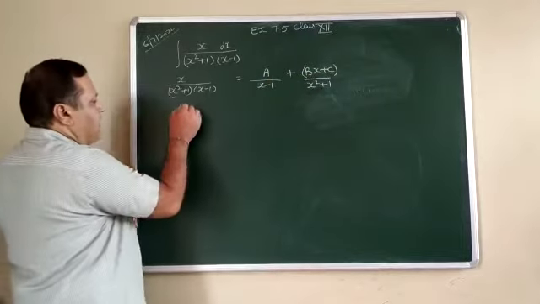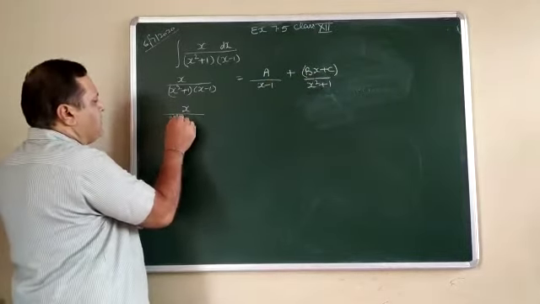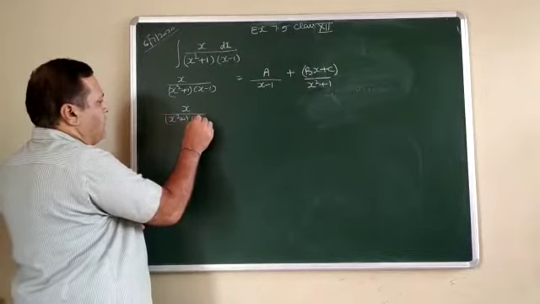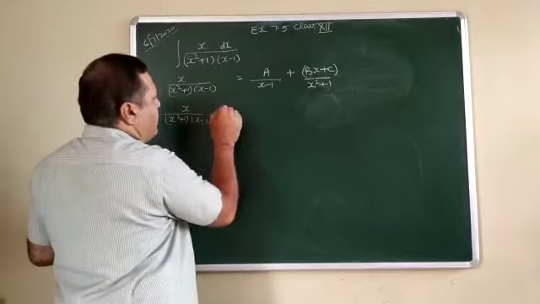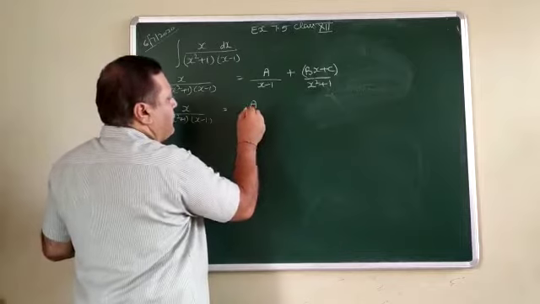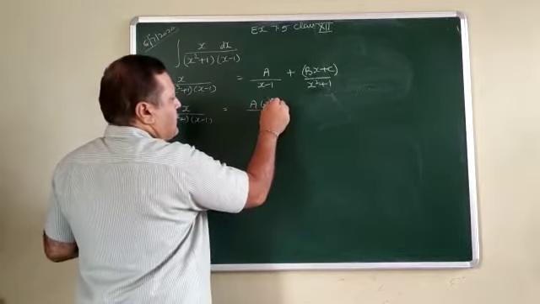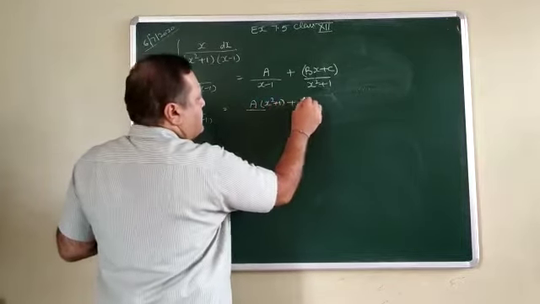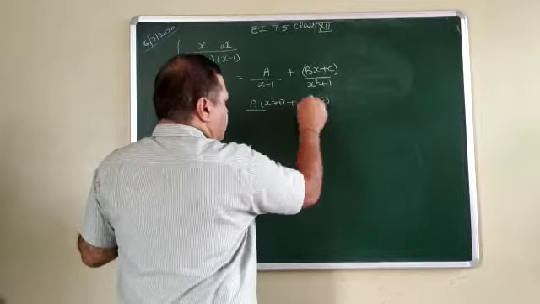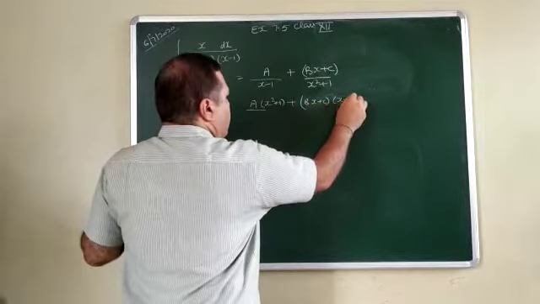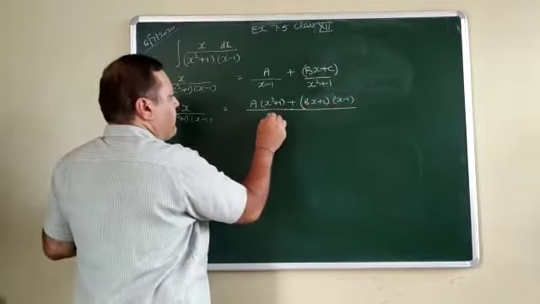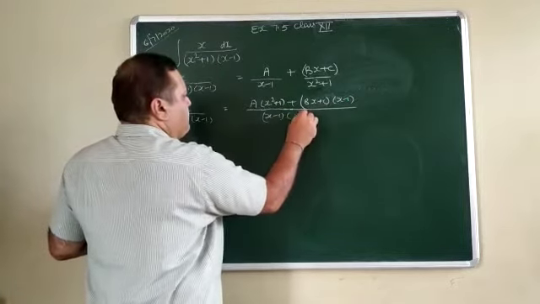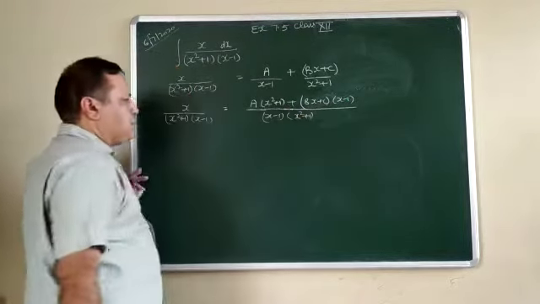Now see, take the LCM. x upon x square plus 1 into x minus 1 is equals to a upon x minus 1 plus bx plus c upon x square plus 1, divided by x minus 1 into x square plus 1.